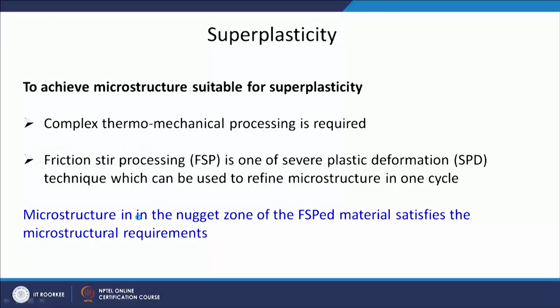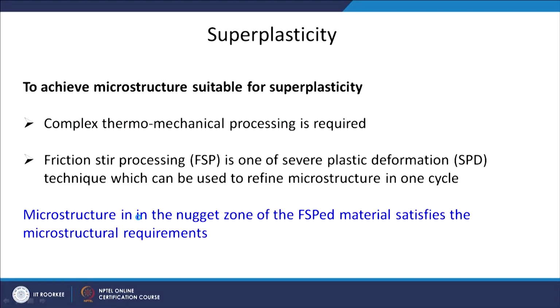Now, for getting a material which can exhibit superplasticity, the usual method is of course normal thermo-mechanical processing to have recrystallization in the material to generate fine grain size material. So, normal thermo-mechanical processing like rolling, extrusion and all these processes are already there.